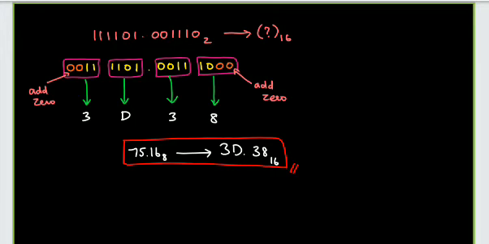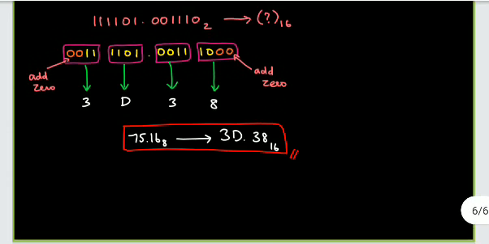So simply what we need to do, we need to add zeros to make it a group. So now just convert all the binary groups into equivalent hexadecimal number. So 0011 means 3, 1101 means D, 0011 means 3, and 1000 means 8. So 3D.38. This is the hexadecimal number.